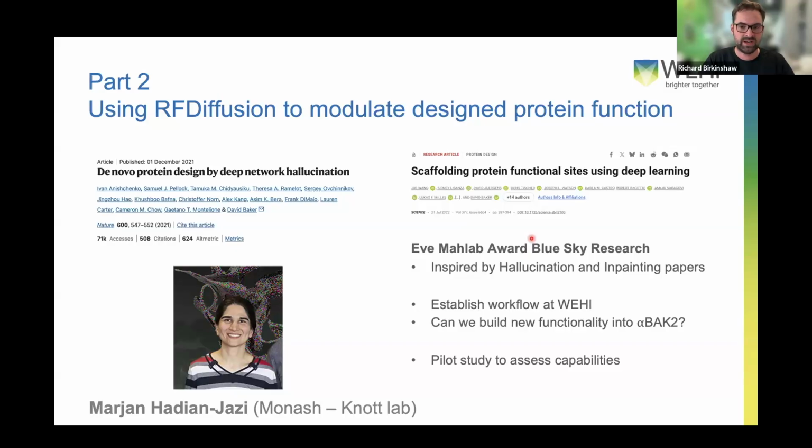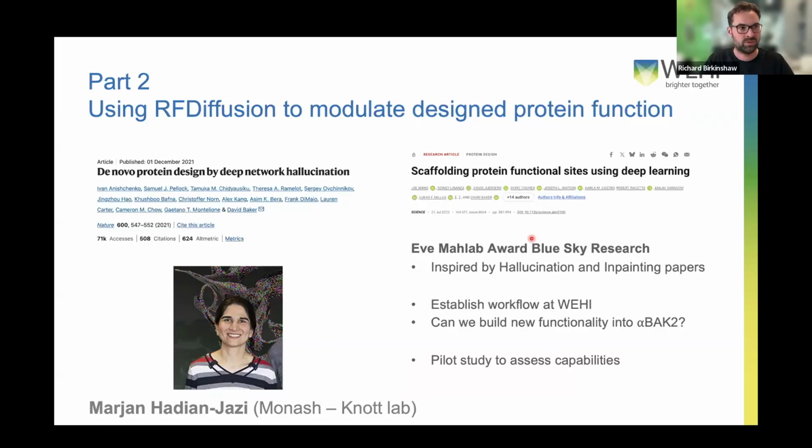This was a project that was started between myself and Marjan, who was originally at WEHI but moved over to Monash to Gavin Knott's lab a couple of years ago. We were inspired by the Baker Lab's publications of hallucination and inpainting when they first came out.